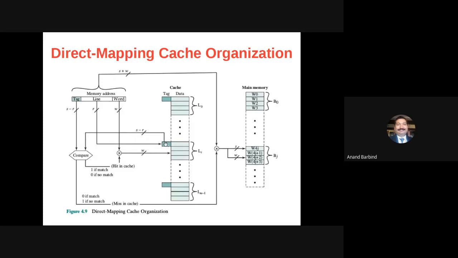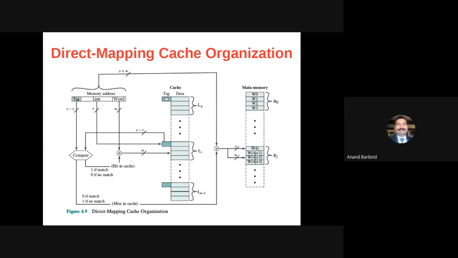This is to identify, let us say, whether block number 0 is stored at this particular line, or block number m is stored, or 2m is stored. To identify which block is there in this location, that tag word is stored.